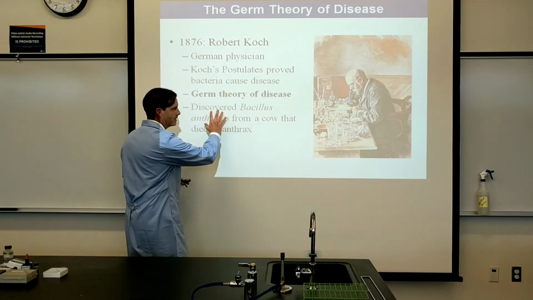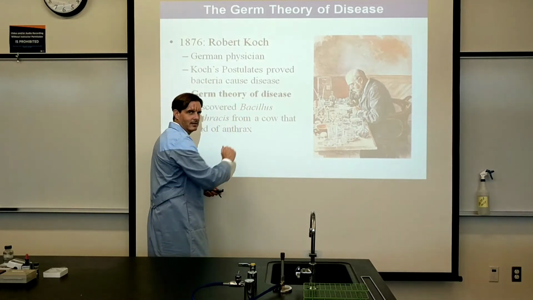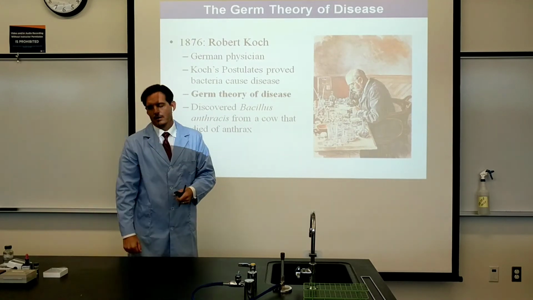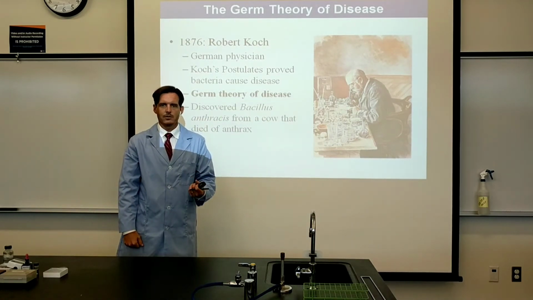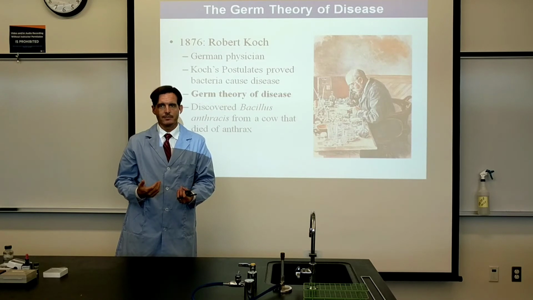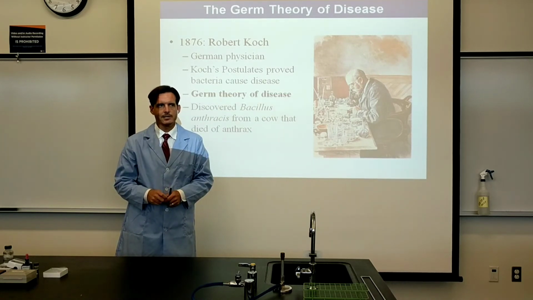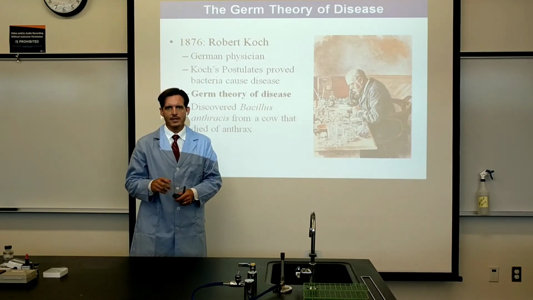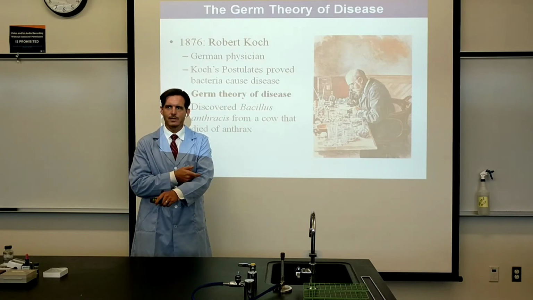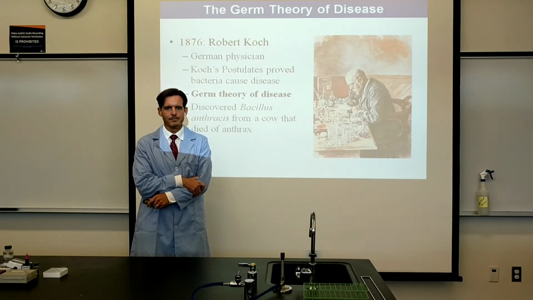And so this deadly disease was being studied in cows. Cows and other farm animals, even humans, we can pick up anthrax, and these potentially deadly bacteria get underneath the skin, and it's called cutaneous anthrax.